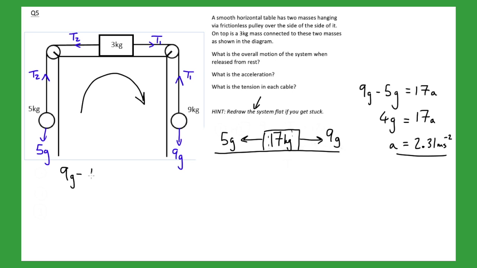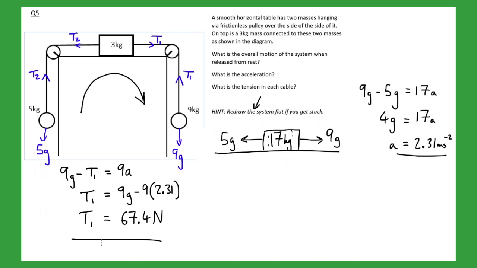So we have 9g minus T1 in this case, and that equals 9a. So T1 is going to equal 9g minus 9 times 2.31. This gives me a tension, T1, of 67.4 newtons.